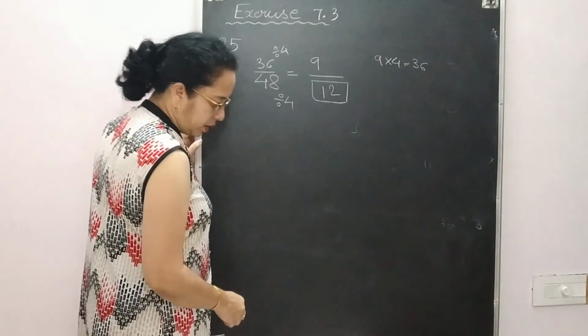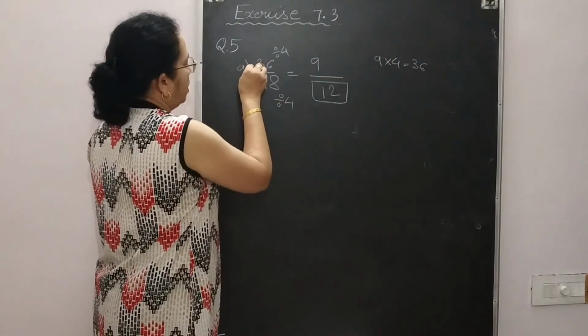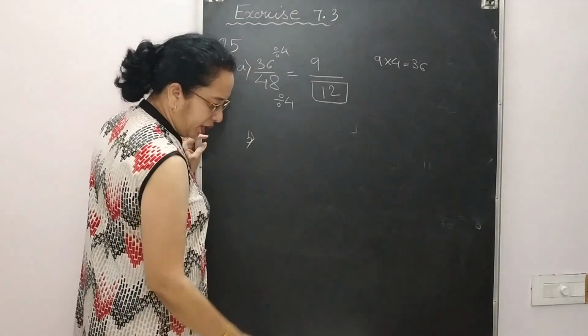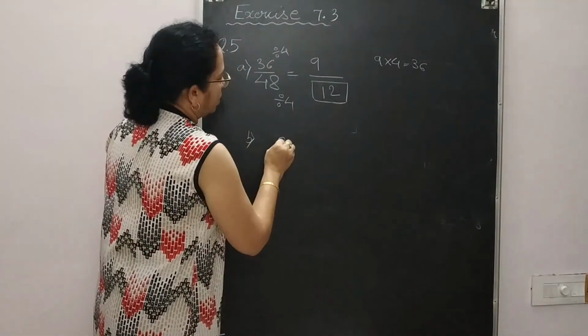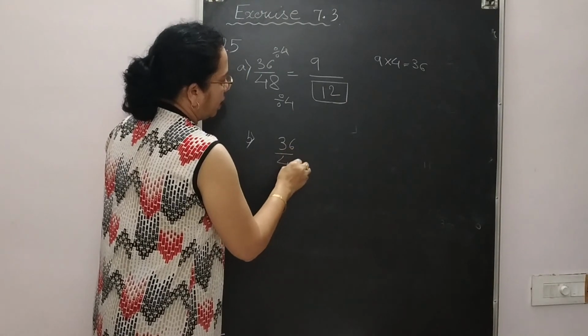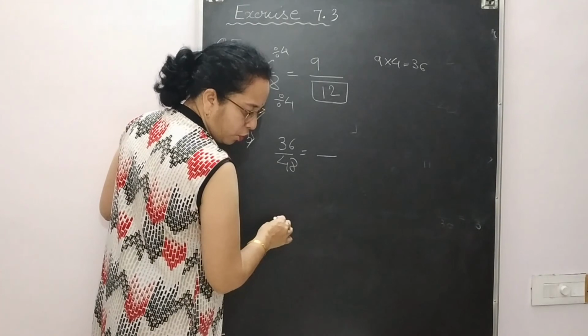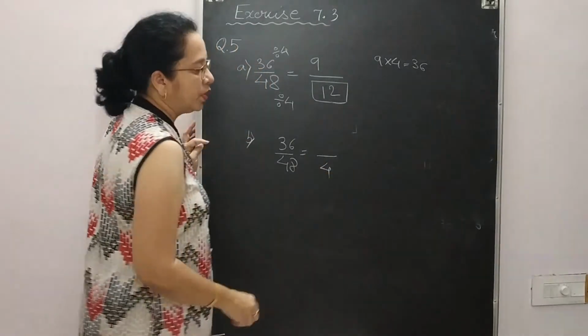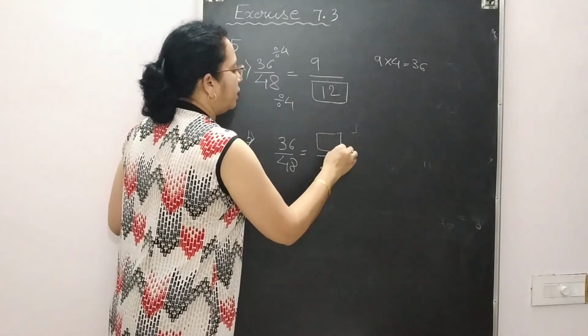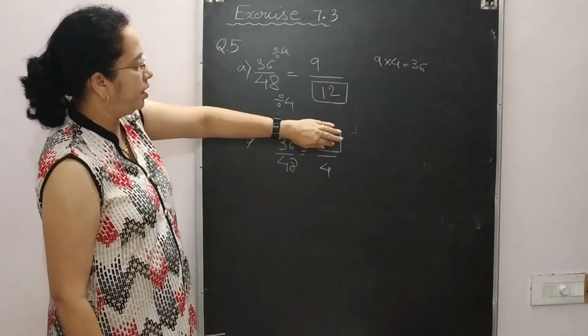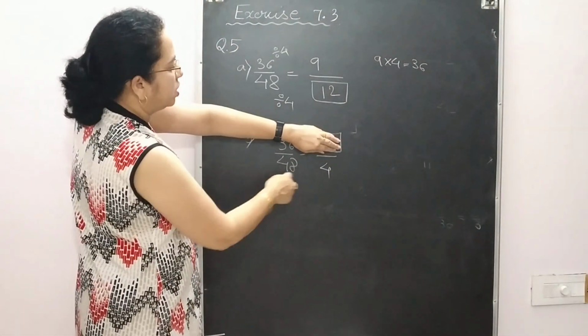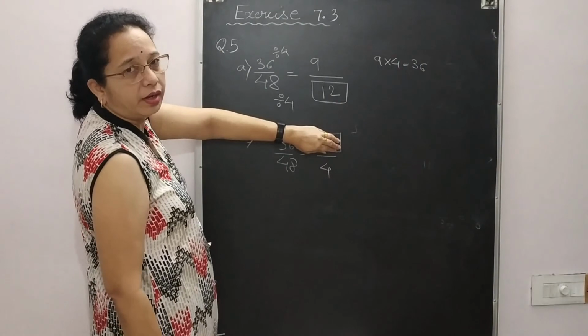Okay. Take the second part also. This is A and the second part B. Again the question is saying 36 upon 48, and this time it is given your denominator is 4. So you need to find out numerator. So hide this numerator, find out what is the relation between 4 and 48.